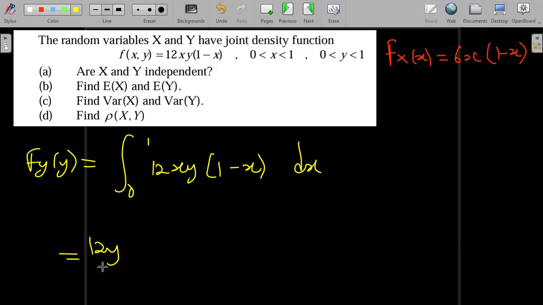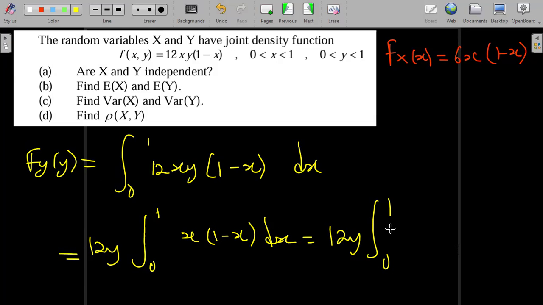So 12y, and then the integral from 0 to 1 of x multiplied by (1 minus x) dx. This equals 12y times the integral from 0 to 1 of x minus x squared dx.